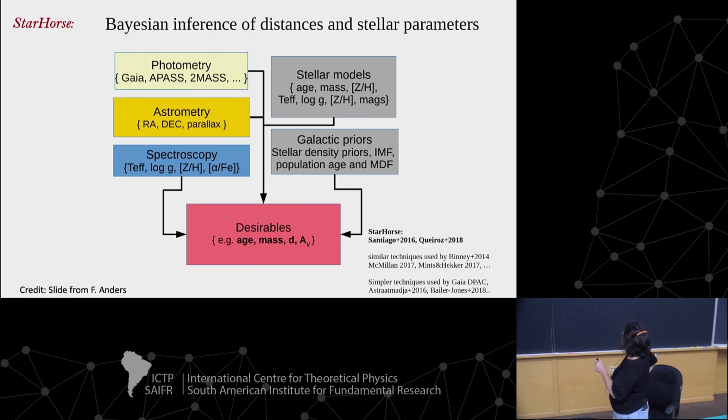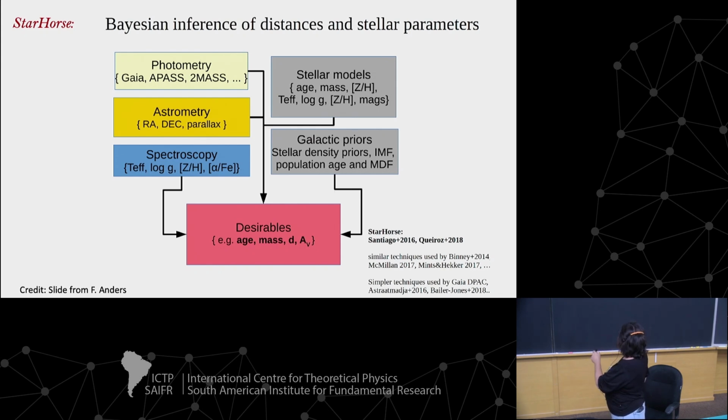So essentially, what are we doing? We are taking photometry in several bands: Gaia, Pan-STARRS, 2MASS, and also WISE in the infrared. Then we are taking the astrometry from Gaia, the positions and the parallax. Then we are taking spectroscopy input if we have it. If we don't, we are going to use only photometry and Gaia. And in this way, we have two families of projects: one when you have it, one when you don't.